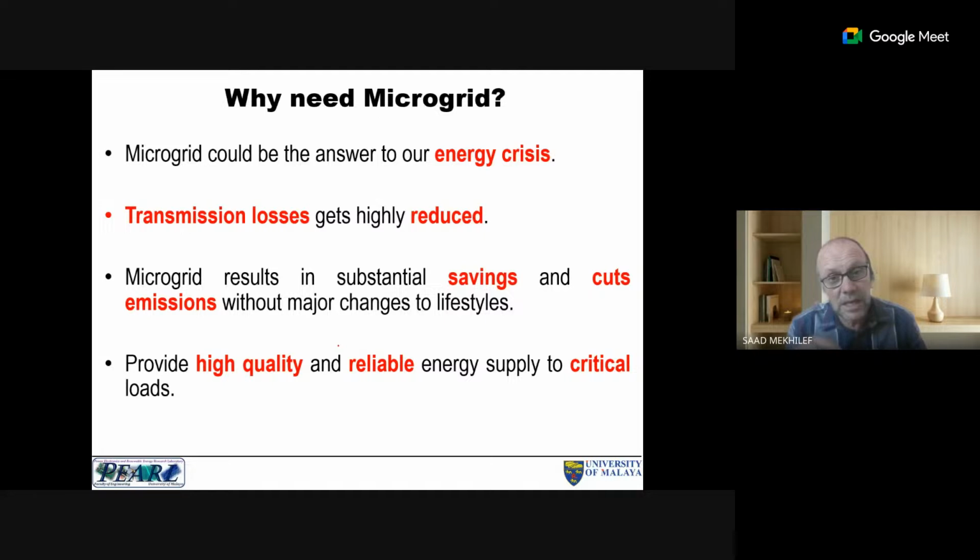I'll give you an example: the Three Gorges Dam in China, the largest hydropower plant in the world, at 18 gigawatts. It is located in Yichang, in the middle of China. In that place they have a lot of floods, so they built this dam.